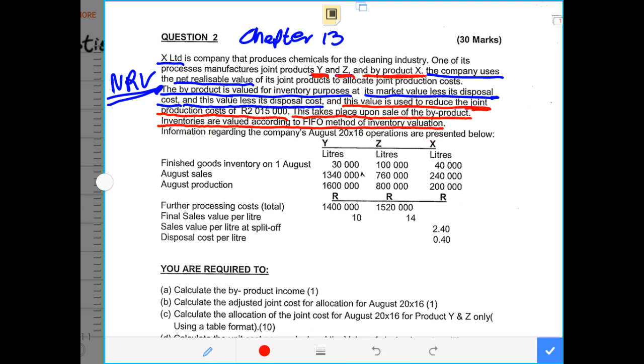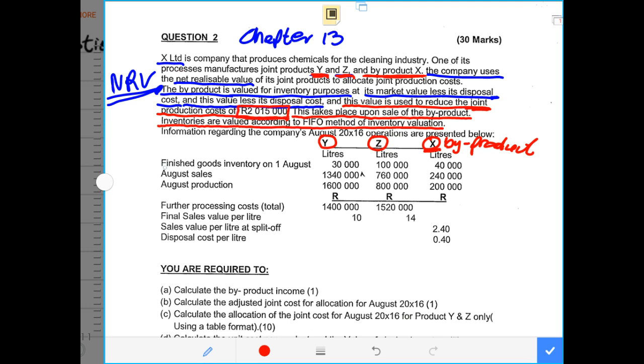We are given the three products: product Y, product Z, and product X. Remember, this is a byproduct. A byproduct will not be allocated joint cost, but the revenue generated from its sale will be used to reduce our joint cost of 2,015,000 rands.